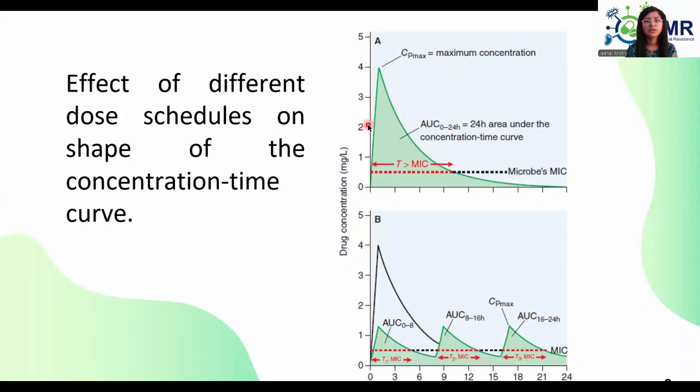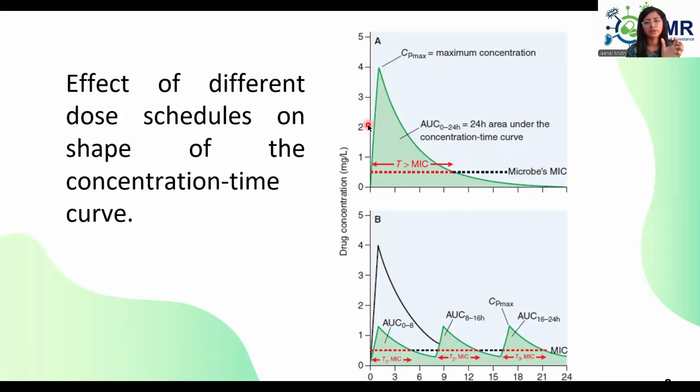Later, other scientists like William Craig and his colleagues rediscovered it and performed systematic studies on several antibiotics, initiating the era of antimicrobial pharmacokinetic and pharmacodynamic parameters. This is really helpful in microbiology, like for Mycobacterium tuberculosis or in HIV patients. So I'm giving some examples of that.